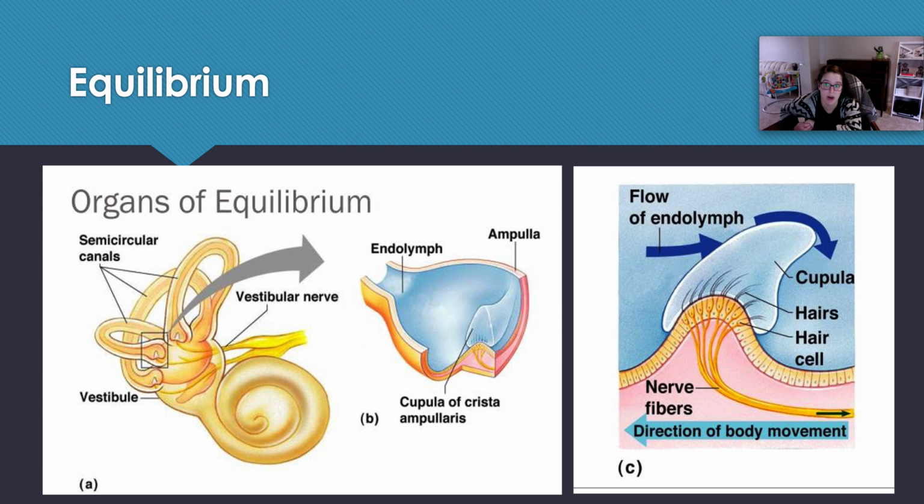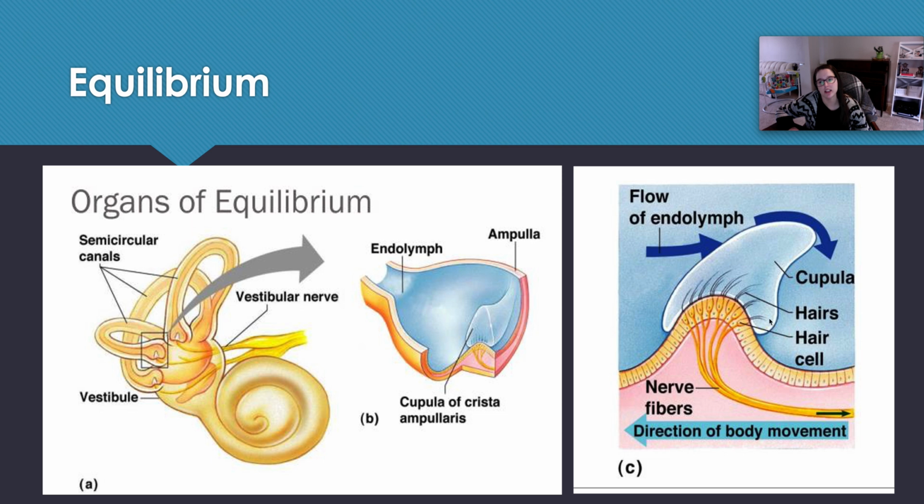Semicircular canals, however, are going to have fluid movement through them as you rotate, and at the end you have this ampullae, or ampulla if it's singular. And in the ampulla, you have this guy right here, which is called a macule.